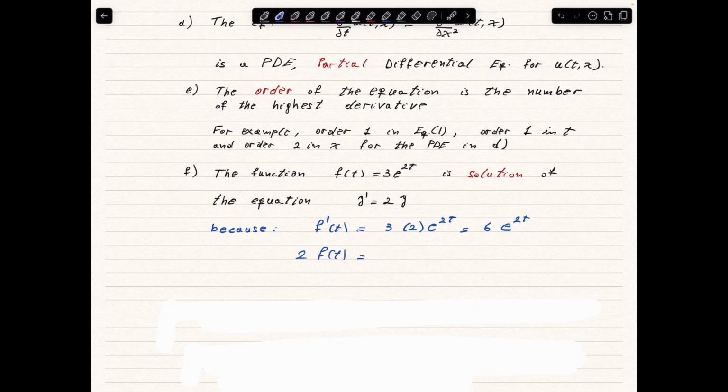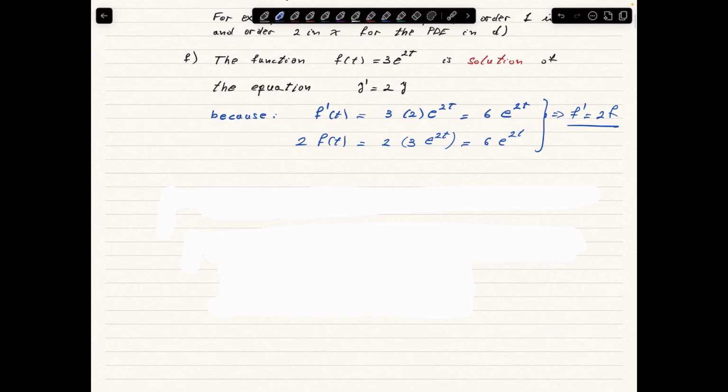And what is 2f? It is 2 times f, and f is 3 exponential 2t. And we obtain again 6 exponential 2t. So that says that f prime is actually equal to 2f. So f is a solution of the differential equation.